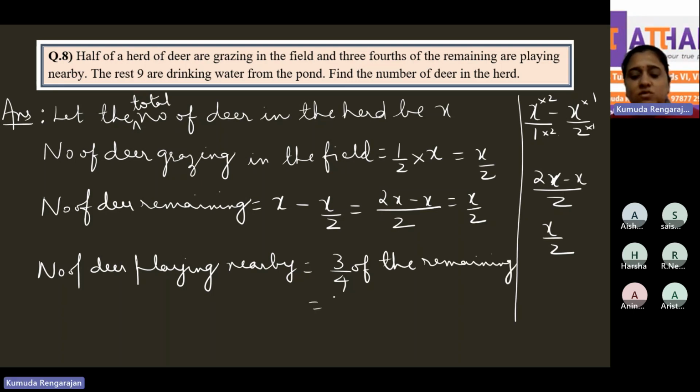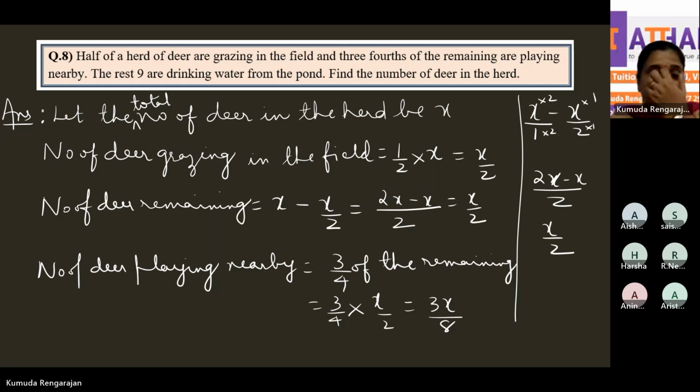So that is 3/4 into the remaining, which is X by 2. So you get 3X by 8. 3 into X is 3X, 4 into 2 is 8. All right. And 9 of them are drinking water in the pond.